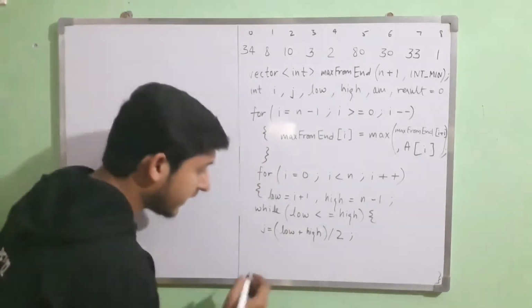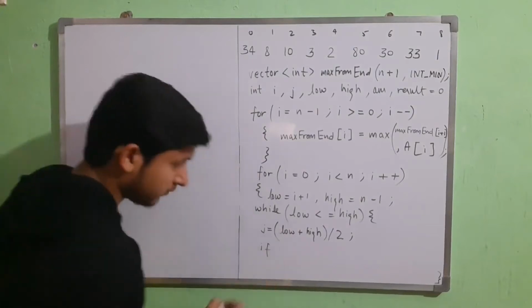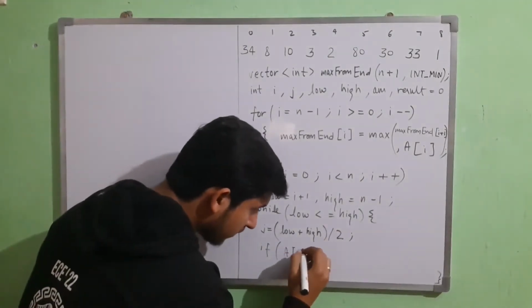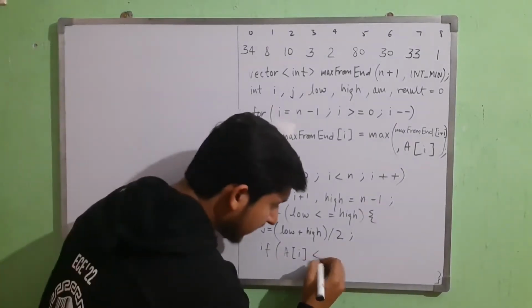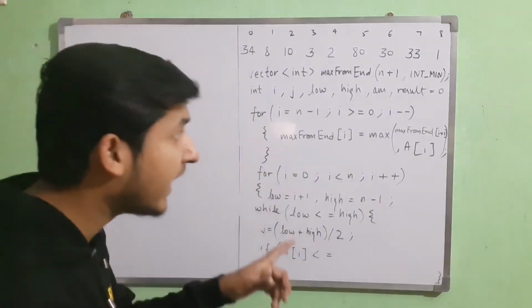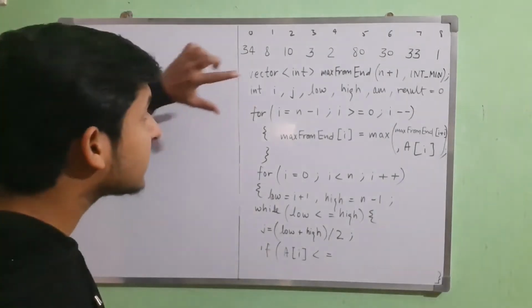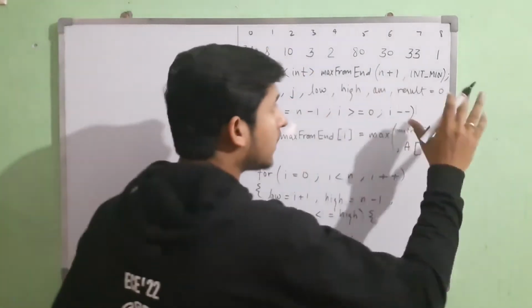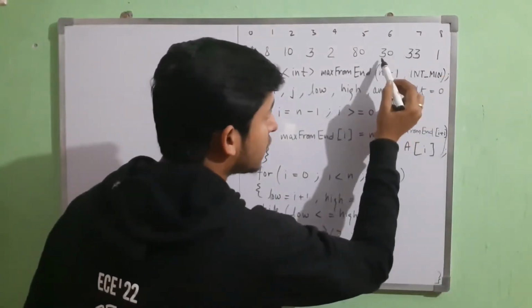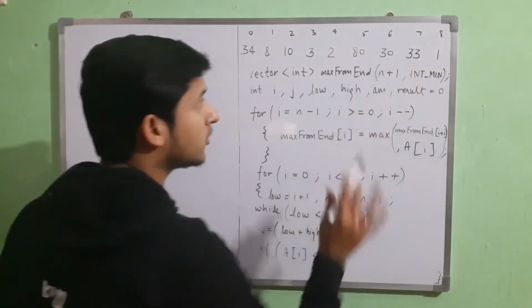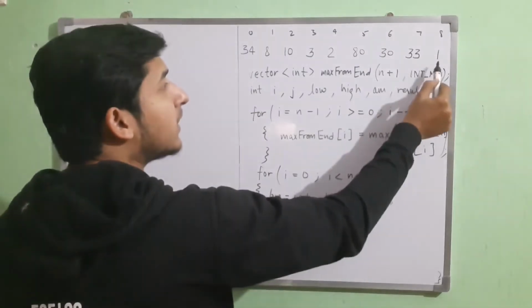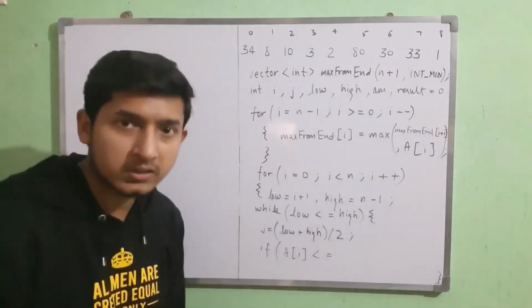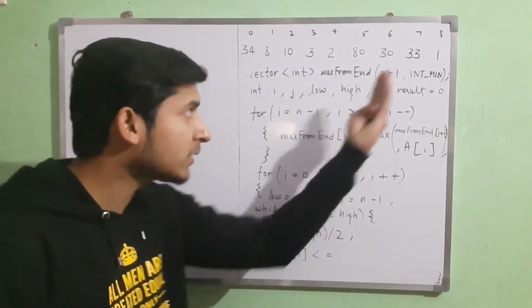So j will hold this, and now if the element at index i is less than or equal to the element at index j in this auxiliary array, because I am not storing those unhelpful values, only this 1, then 33, then 80 will be considered, because this is what is going to help me if I am reducing my j.